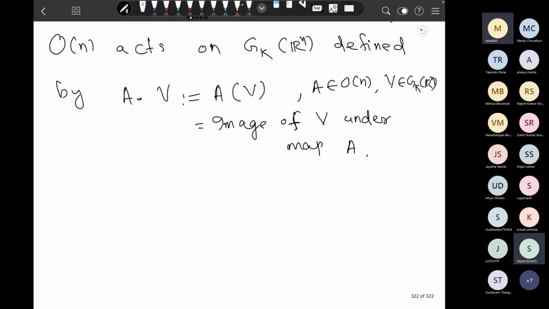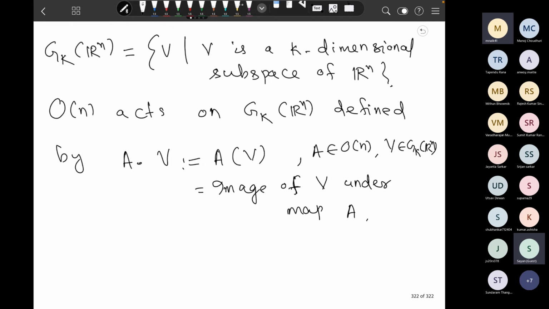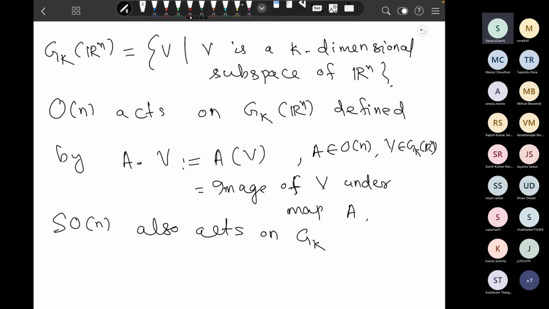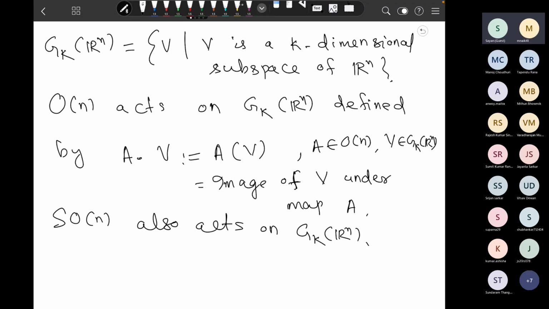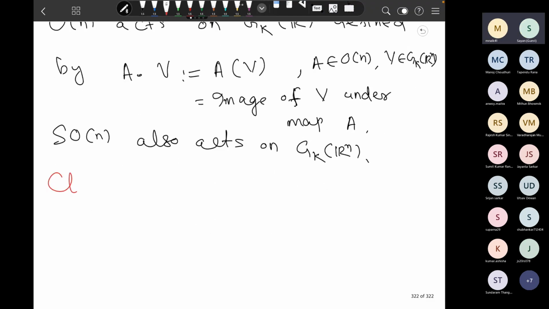Since SO(n) is a subgroup of O(n), SO(n) also acts on G(k, R^n). Now the claim: SO(n) acts transitively on G(k, R^n).